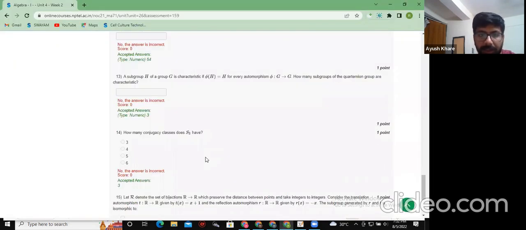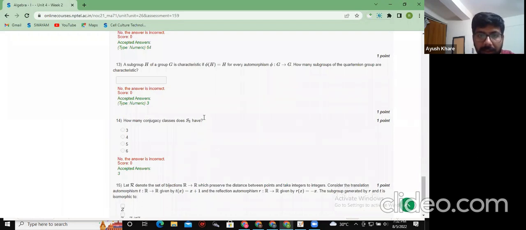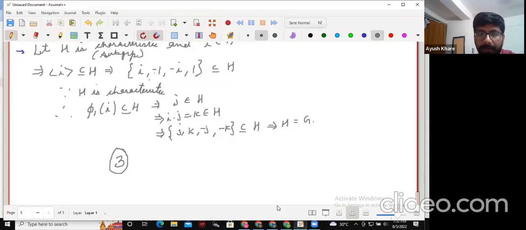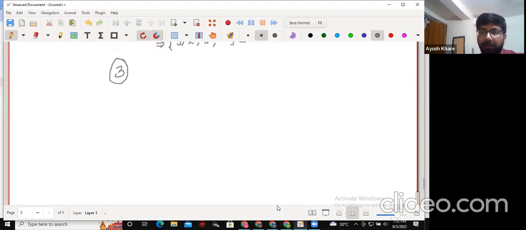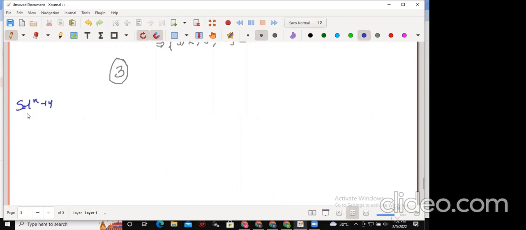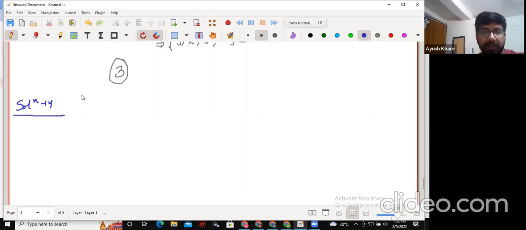How many conjugacy classes are there in S3? There is a straightforward formula for computing conjugacy classes of Sn. That comes through the nature of conjugacy classes, because whatever cycle type you take and you conjugate, you will get the same cycle type again.